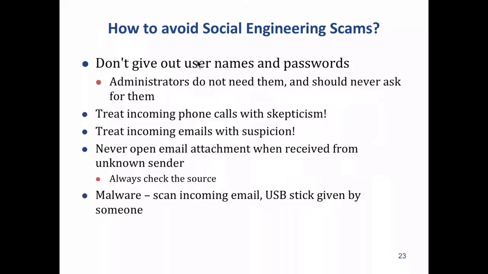So how to avoid social engineering scams? Don't ever give your user ID and password. It could be anybody. A huge amount of study has happened in the US and I think Europe as well, on what are called intimate partner based scams.